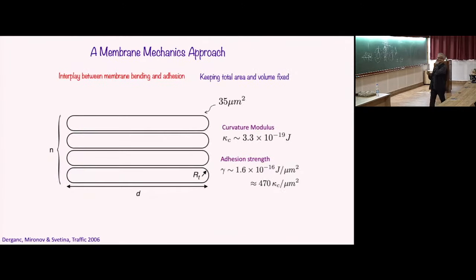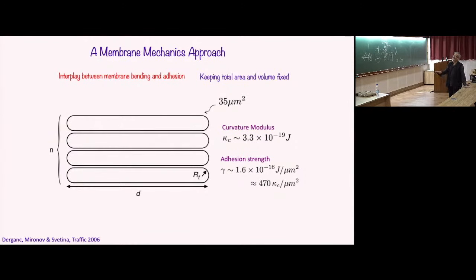So before we step into the functional arguments that I'm going to present, let me just put out here one proposal that was made by Svetina's group, which is purely based on membrane mechanics. The claim is the following. We saw many pictures which said that the Golgi cisternae had these chapati-like structures, these flat pancakes, as they call it.